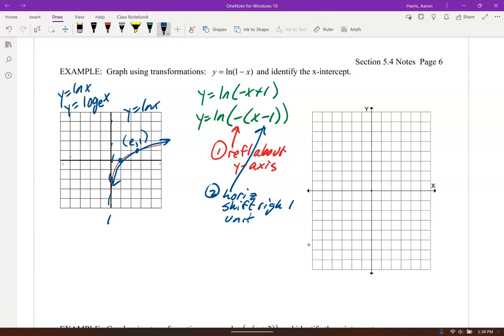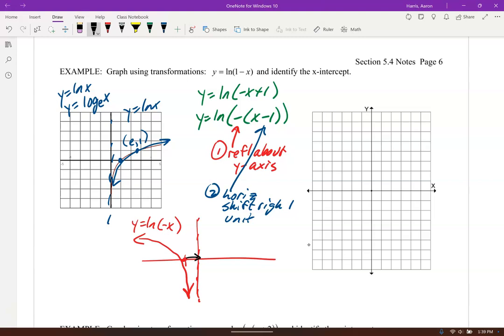So the whole thing shifts right. Let's do the reflection about the y-axis first. If I reflect it about the y-axis, instead of 1, 0, I have -1, 0, but it looks the same otherwise. So this would be the ln of -x. It reflects it about the y-axis. Now we're going to shift that to the right 1 unit, the whole thing.